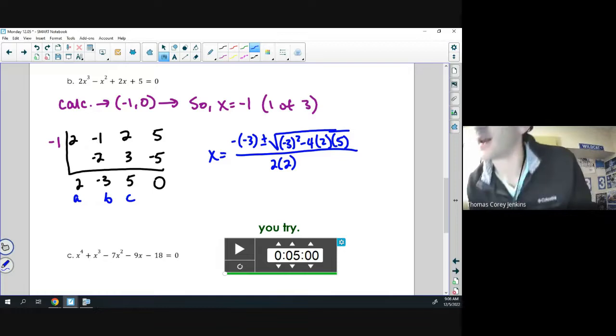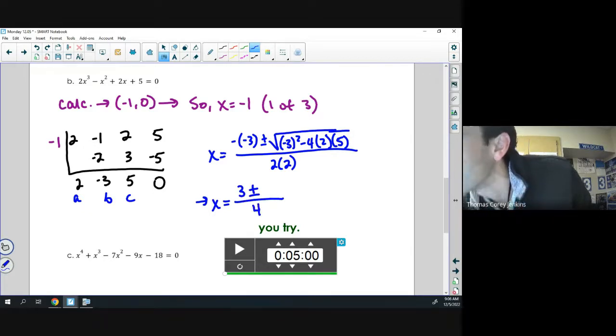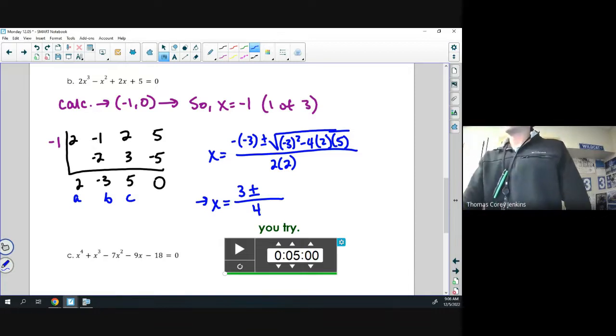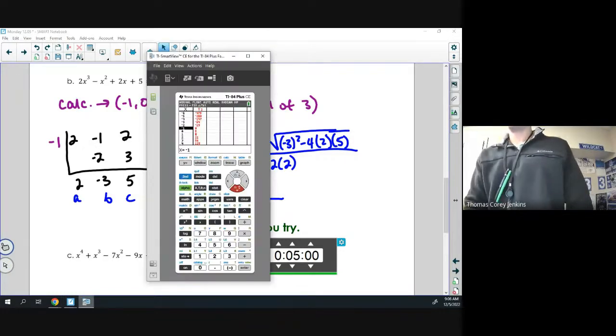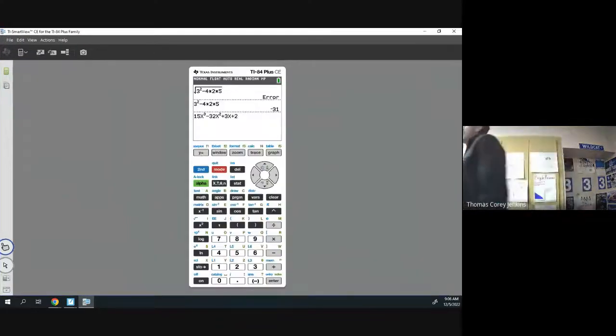Now we start to pare it down a bit. And negative negative 3, of course, is positive 3. 2 times 2 is 4. And just so we don't make any mistakes, let's think about what's under the radical. You do have to be careful here. So I kind of showed a common mistake.